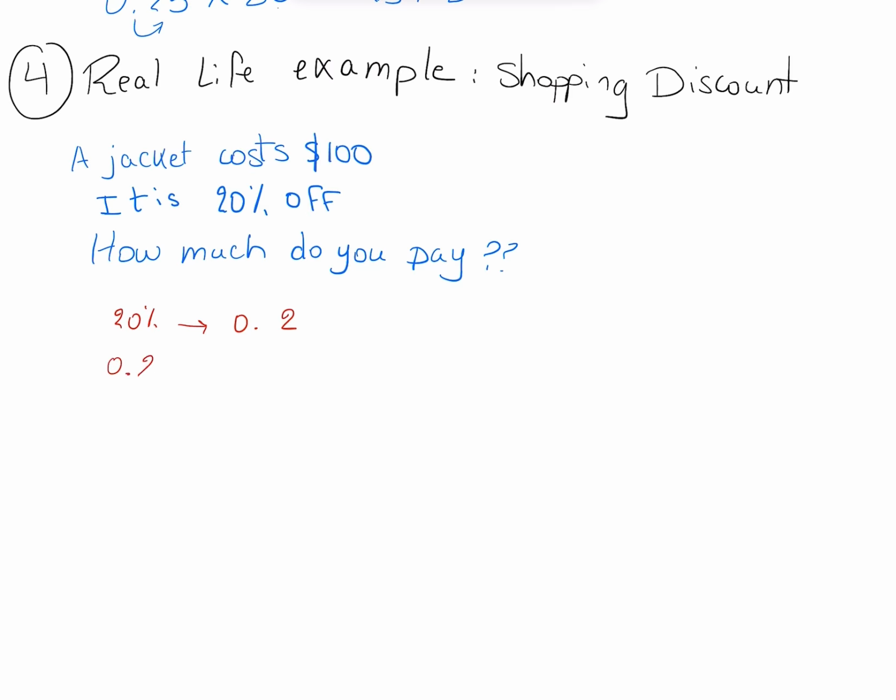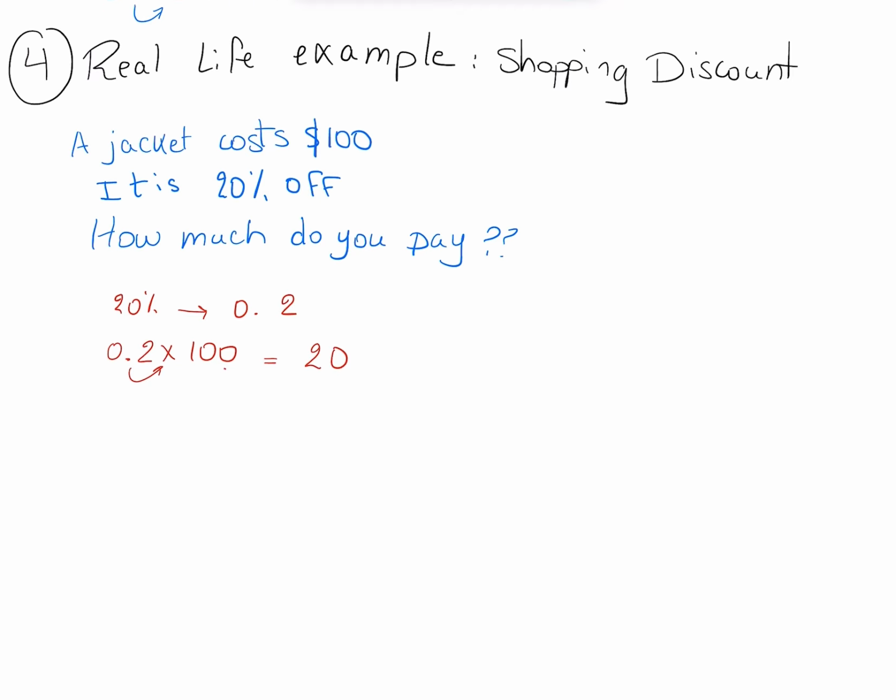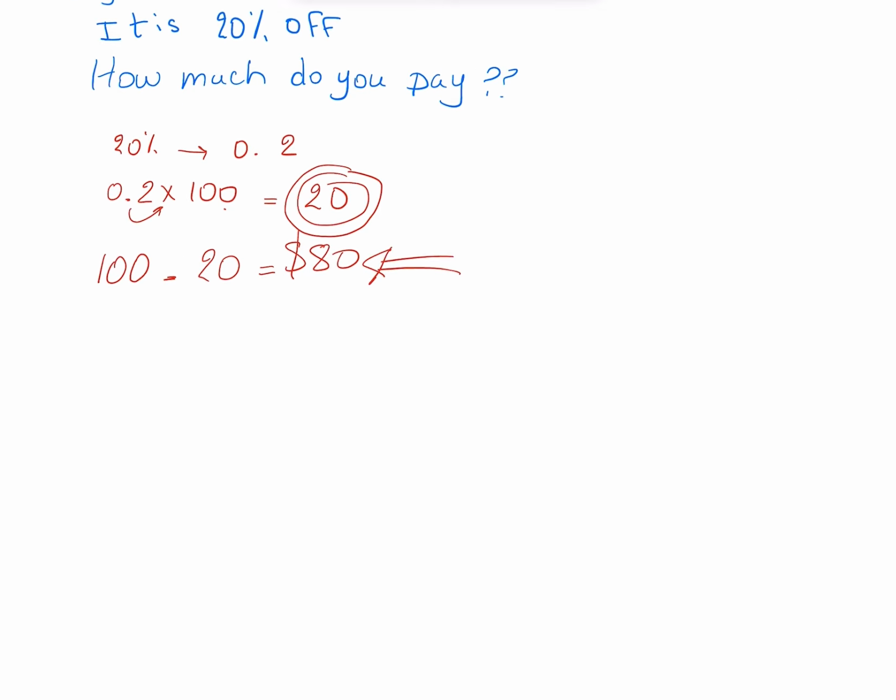And now 0.2 I multiply by 100, the number, which is I move the decimal one place to the right, 2, then I still have 1 zero, that's 20. Now, how much do I pay? If a jacket costs 100 and I have $20 off, that's 100 minus 20, that's $80. That's how much I pay.